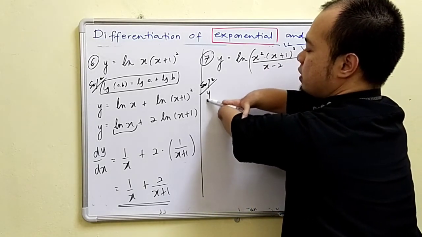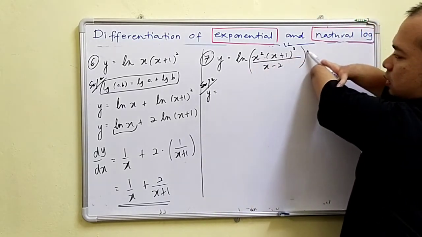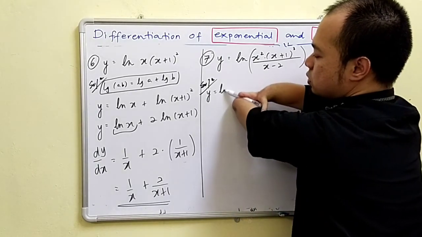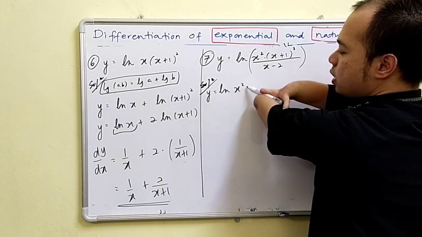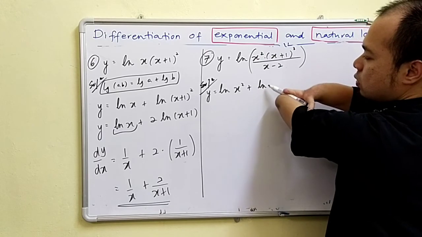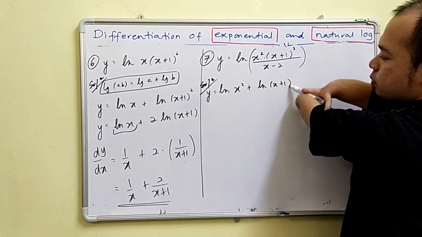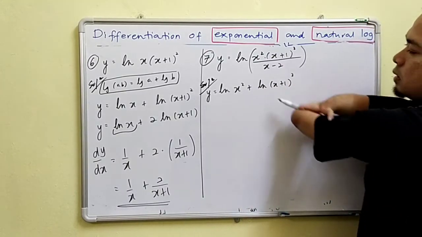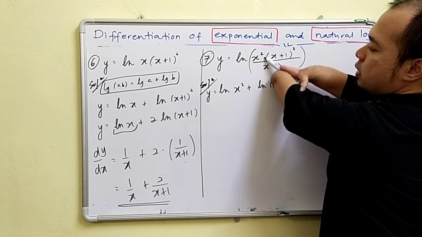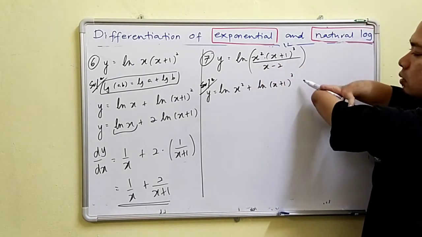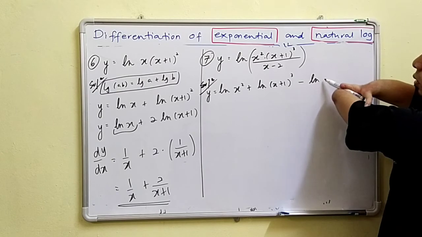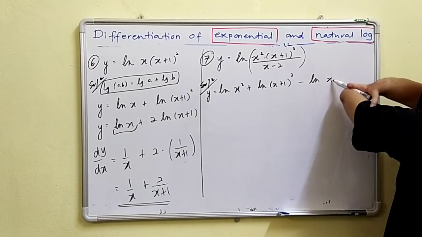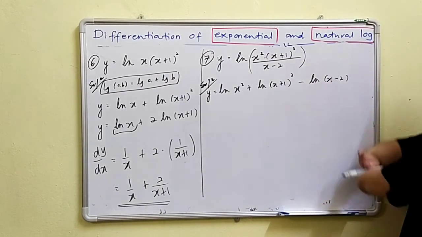So how to simplify? Simplify the top part first. So ln x squared plus ln x plus 1 to the power of 3. Because this is multiplication, plus. Then divide, minus ln x minus 2 in bracket.